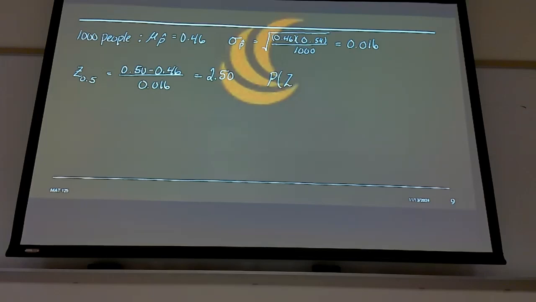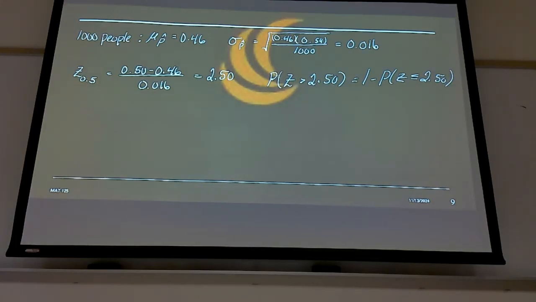So now the probability we're looking for is this one, larger than 2.5, which is going to be an even smaller probability.